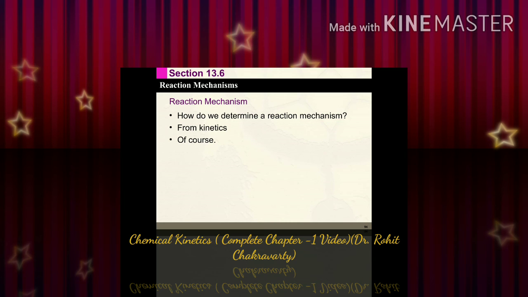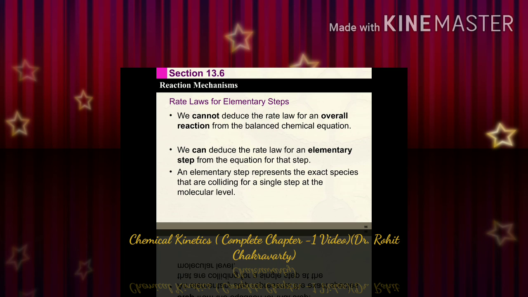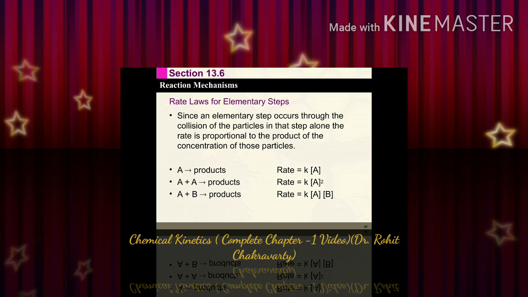So how do we determine a reaction mechanism from kinetics: the rate law for the elementary steps, what is molecularity, rate law. Here you can see we cannot deduce the rate law for an overall reaction, only rate laws for the elementary steps.